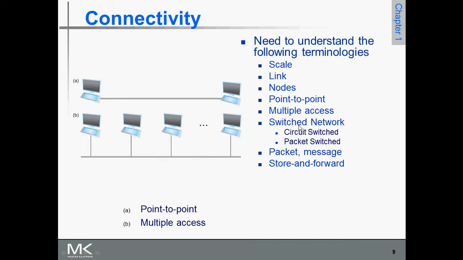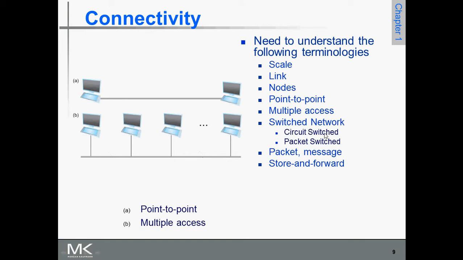Then we have a concept called switched network. So what is meant by a switched network? It is very simple. Just now I discussed multiple access, which is sharing a single physical link with multiple computers. Now the switched network is a technology that enables this multiple access.